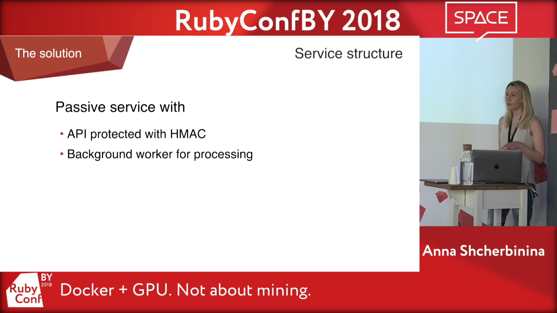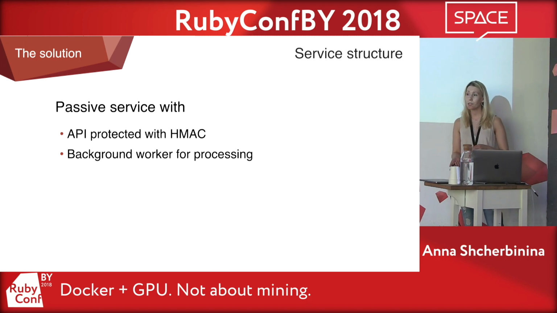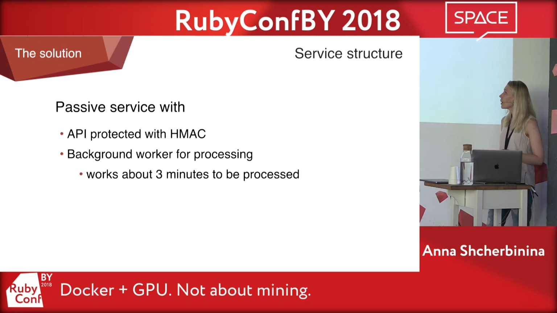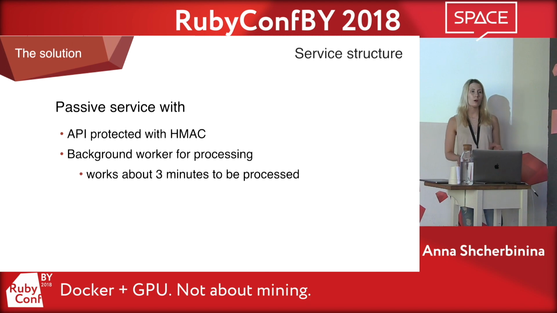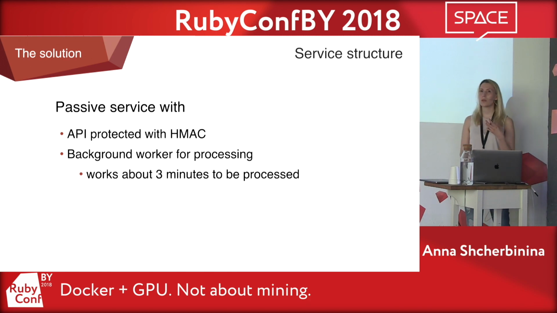So let's get back to our service. We have a passive service with an API protected by HMAC and background workers to perform the processing. After a few test runs on quite similar hardware, I got a clear understanding that it takes 3 minutes to process one model.